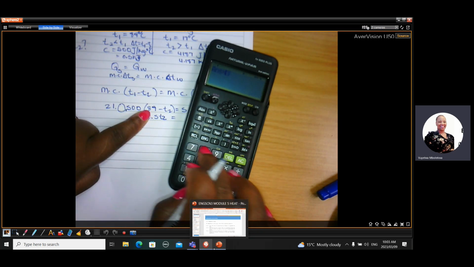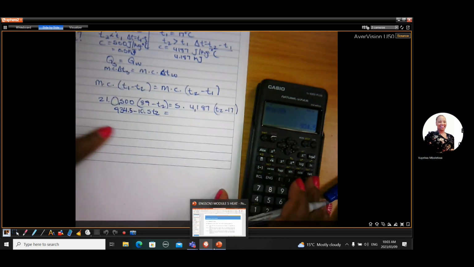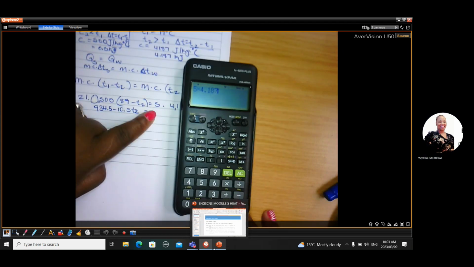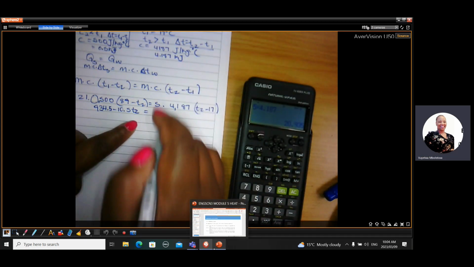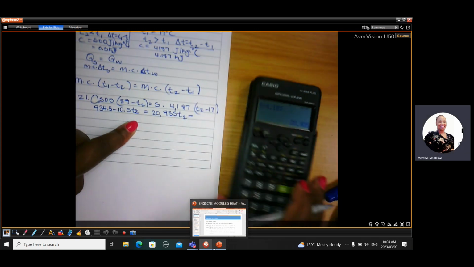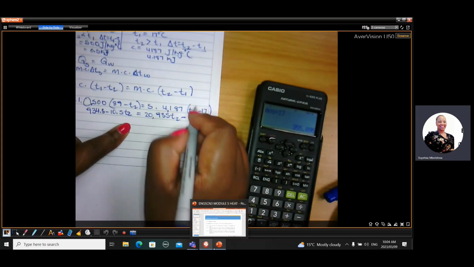Multiplied by 89, it gives me 934.5. This side, I have 5 times 4.187. It gives me 20.935. 20.935 T2 minus this answer times 17. That gives me 355.895.